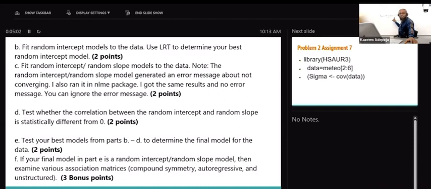The second model is still going to look like this, except that instead of a plus, there's going to be a multiplication sign, which means you are fitting 2 random intercept models. One without interaction, the second one with interaction.